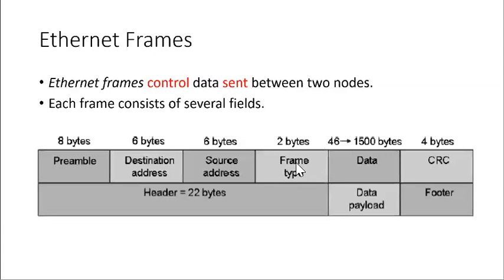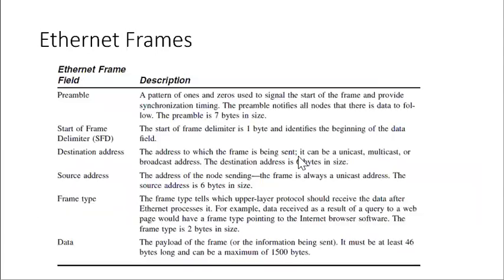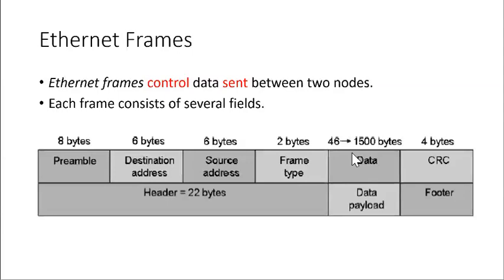So this defines the type of the frame, 2 bytes. Then you have data. The data field carries the actual data, the information that you are going to transfer. The size for this data is a minimum of 46 and a maximum of 1500 bytes. And the last one, the footer, is the CRC of 4 bytes.